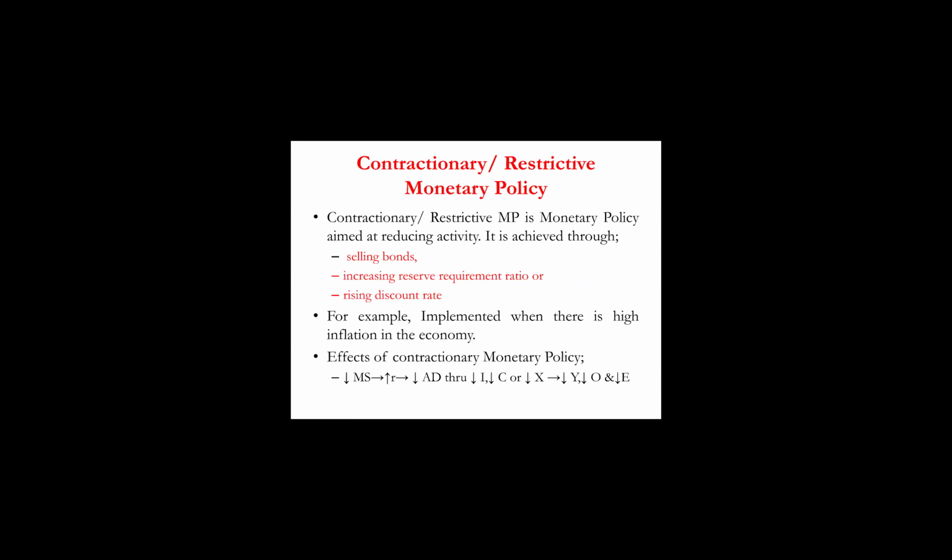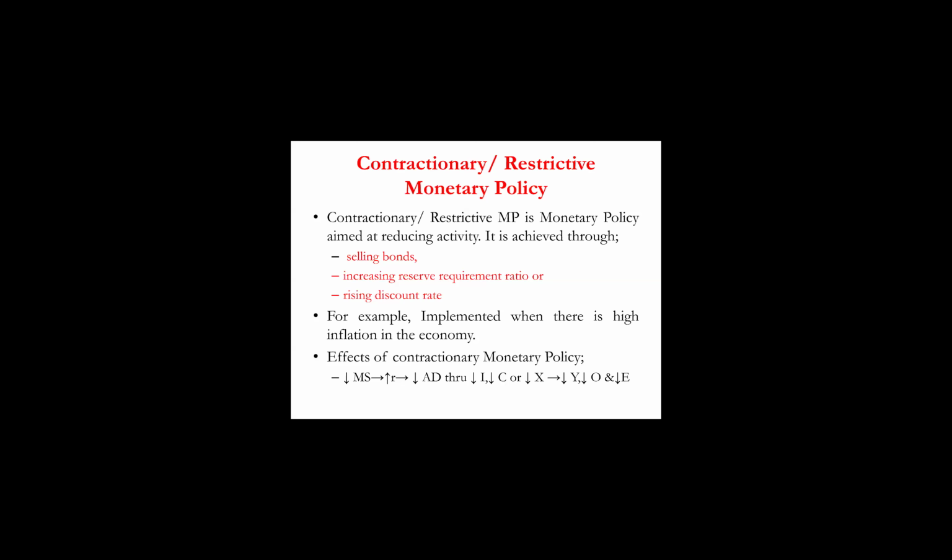If people are not getting loans, there's no money supply, too little money in supply. You have reduction also in consumption, exports are reducing, income is reducing, output is reducing, and employment is reducing, which means at that point you have more people unemployed.